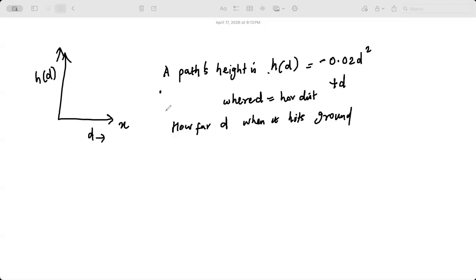So there is a path, basically, this is the path, and then it is going to touch the ground again. Now, this parabola equation is given by negative 0.02 d squared plus d. An inverted parabola means a negative leading coefficient. You got it? Now, it falls to the ground like this, right?